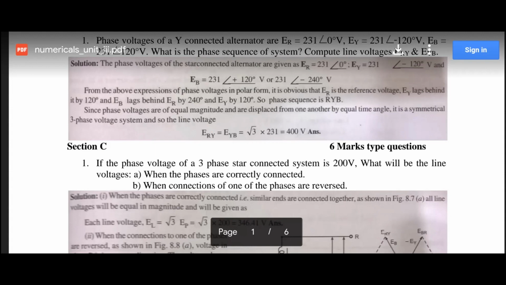Okay, so what is the word of caution here? Sometimes in the question itself, it is not clearly written whether we have to calculate the magnitude of the line voltage or the line voltage complete. What is complete?